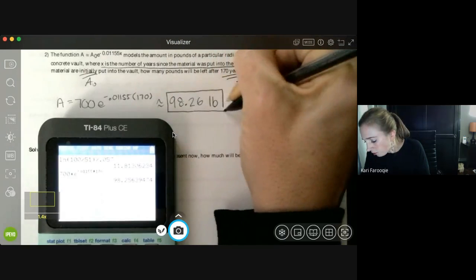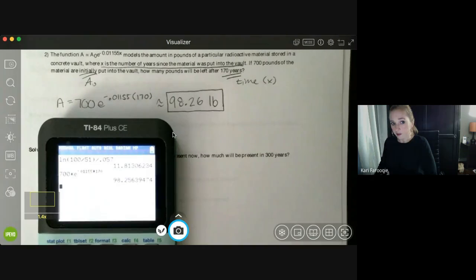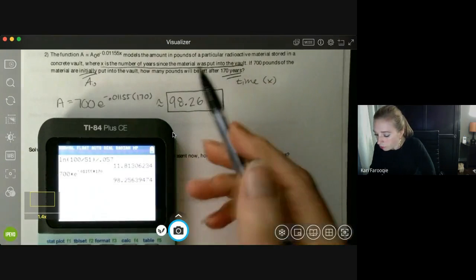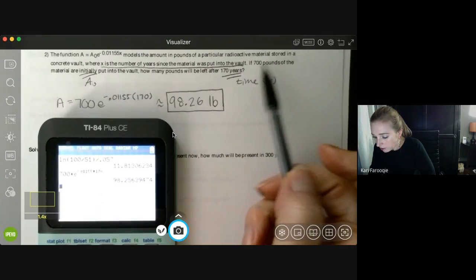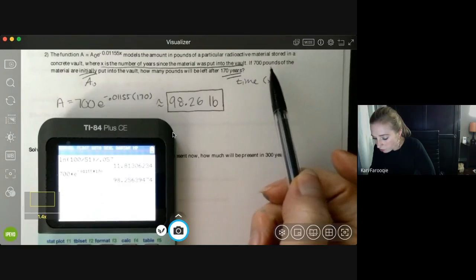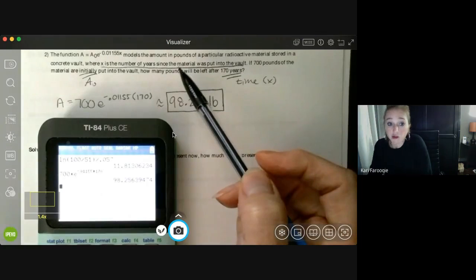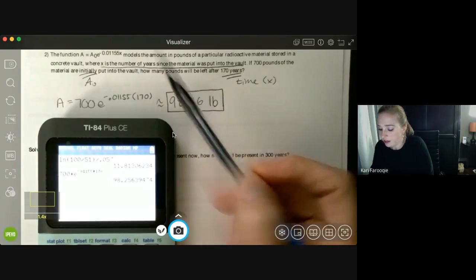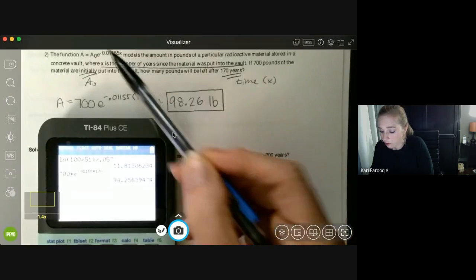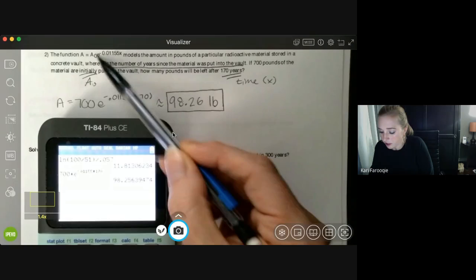What I mean about does your answer make sense is you need to ask yourself if this sounds right to you. Initially, you were told that we had a particular radioactive material, and you started out with 700 pounds of it. Now, the radioactive material, if you're not familiar, it's going to decay as it sits in there. It's not going to get stronger. It's going to decay. And if you're not 100% certain about that, look at the fact that K, your constant here, is negative.